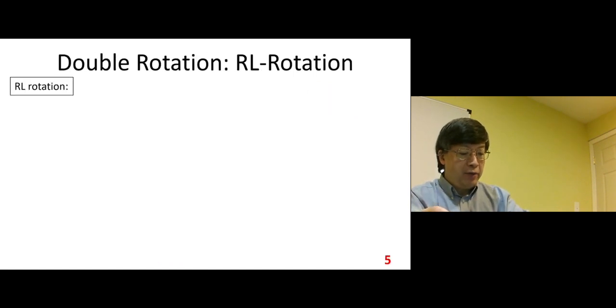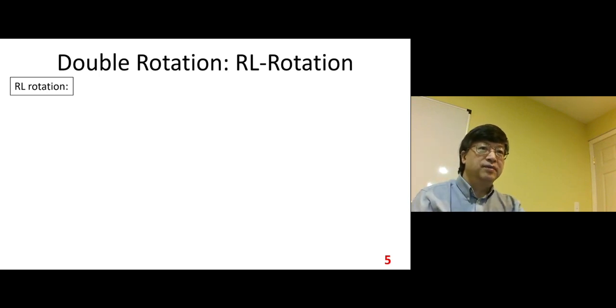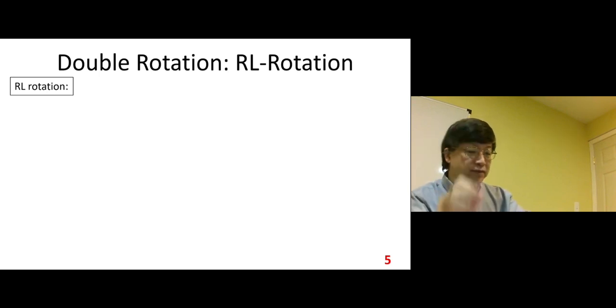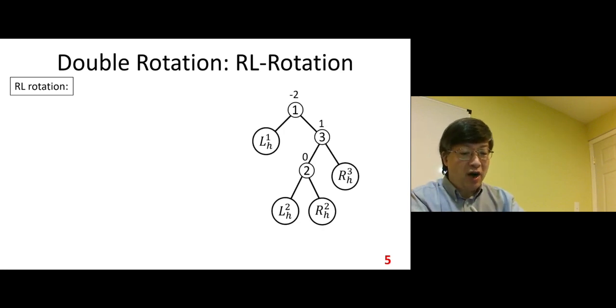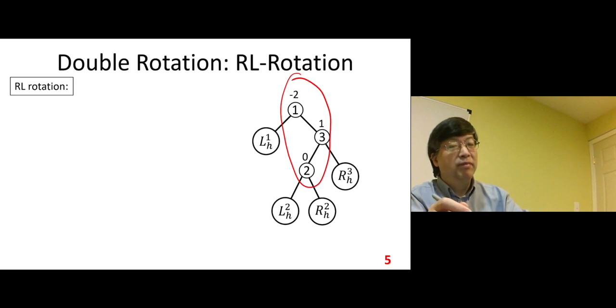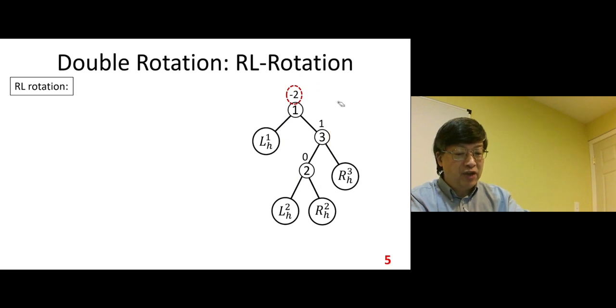This is LR rotation. Next, a double rotation for the RL type. R rotation first, L rotation next. The idea is very similar. When we start, we have the pattern like this. There is a violation node, but we do not apply our first rotation on the violation node directly.